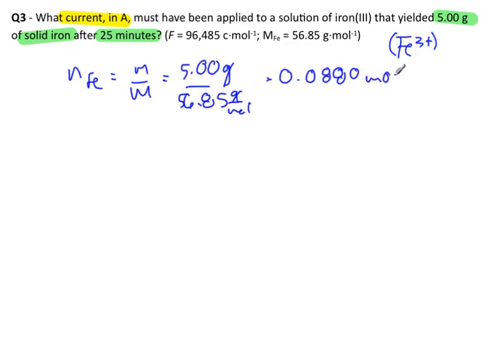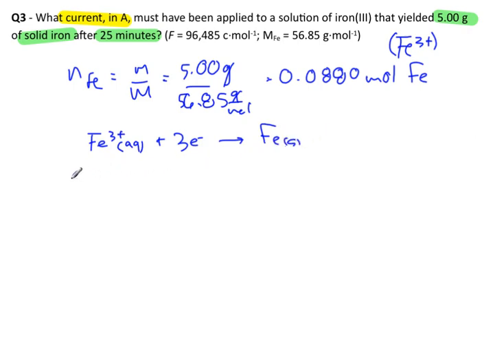0.0880 moles of iron. Now the half reaction we're looking at here, this is iron 3, so it's Fe 3+ aqueous plus 3 electrons yielding Fe solid.